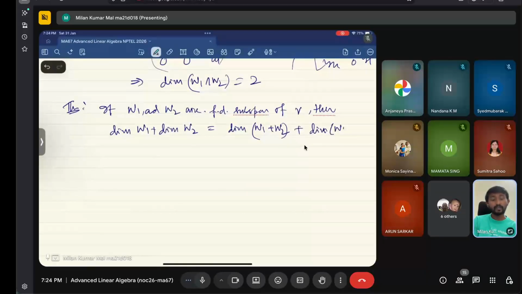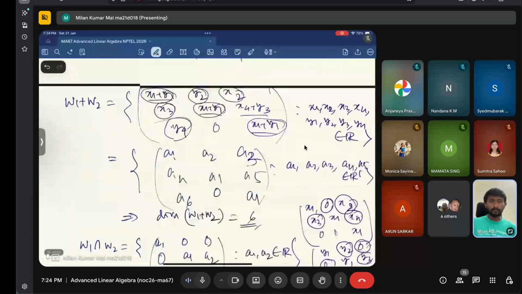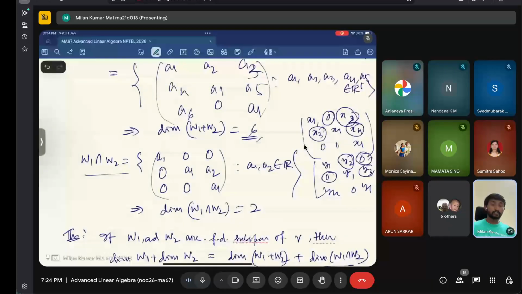So if you know this is 2 and these two are 4, this has to be 6, and if you know this is 6, you will get this is 2. Checking W1 plus W2 or checking W1 intersection W2 is enough. You can check one and solve the problem.